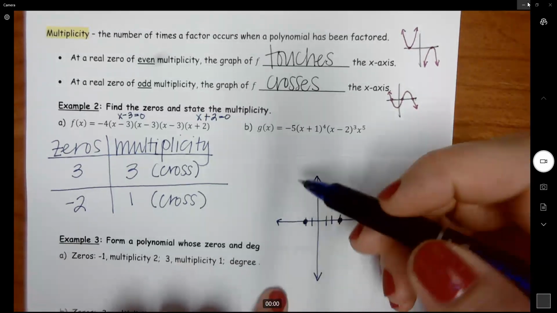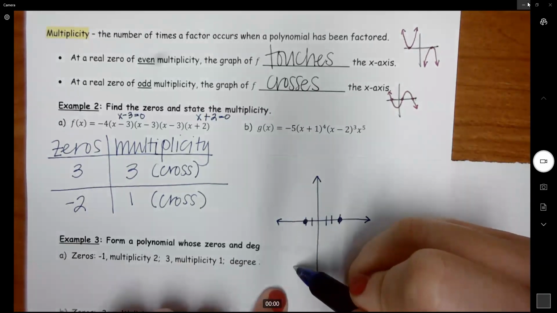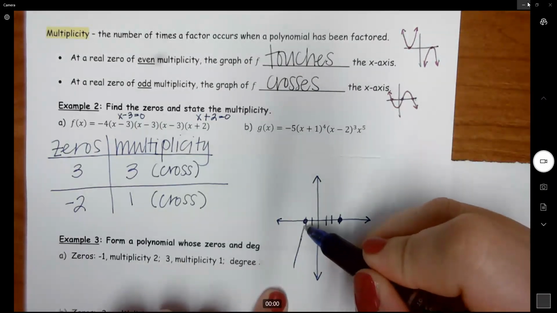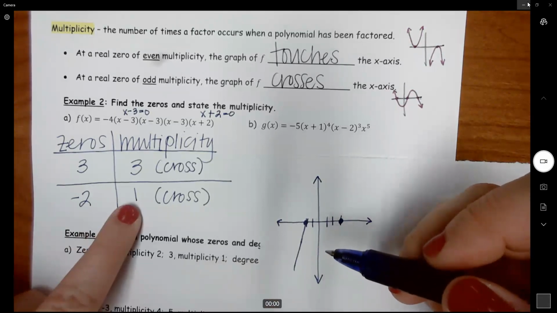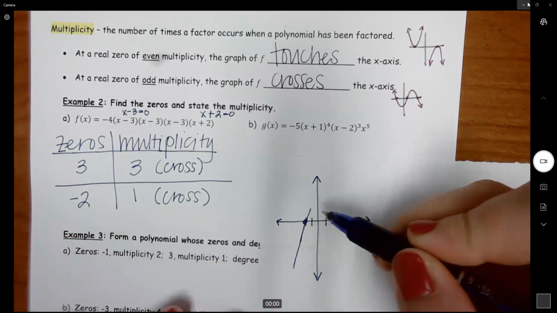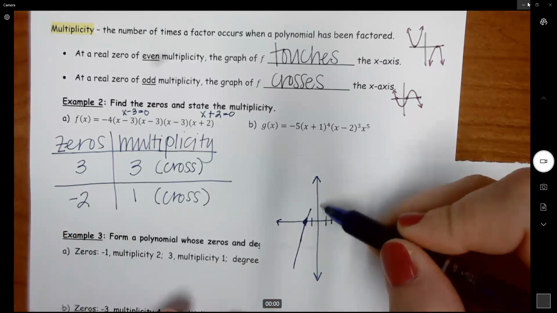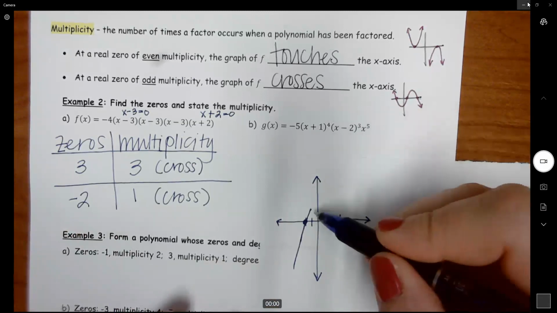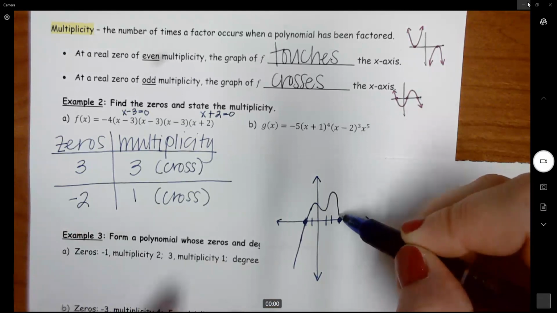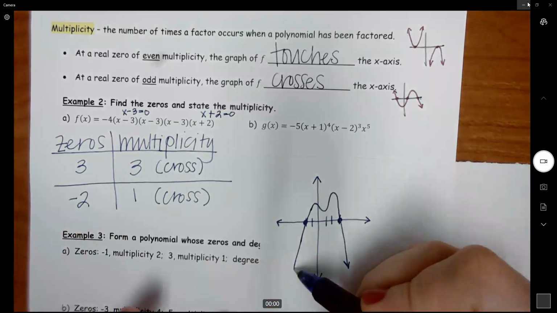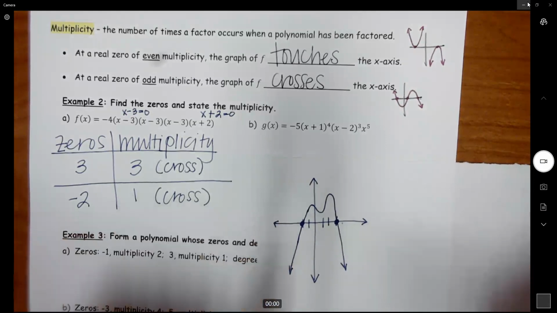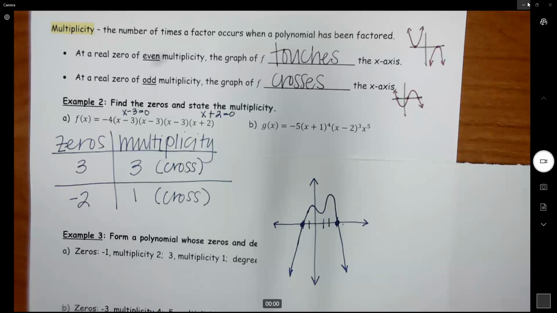But what we're saying is that it's going to come down here, or it could go up and go through, but it's going to cross through because my multiplicity is odd at my 0 of negative 2. It's going to cross through here. I don't know what's going to happen up here. It could squiggle. It could do whatever. But I know it's going to come back through and it's going to cross at these 2 zeros.